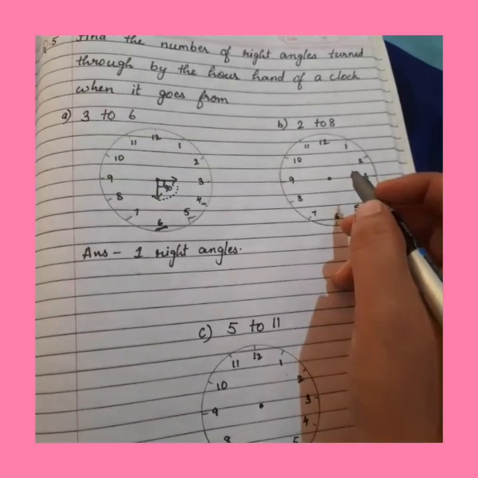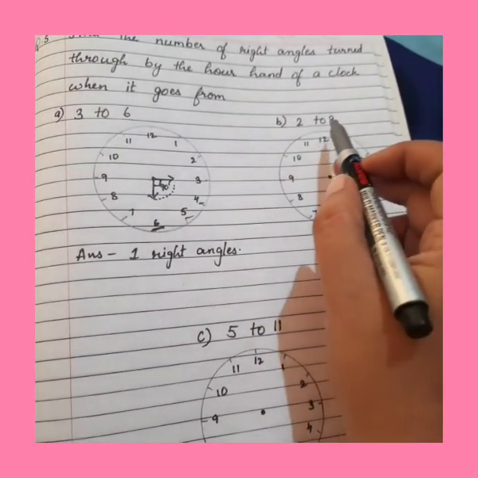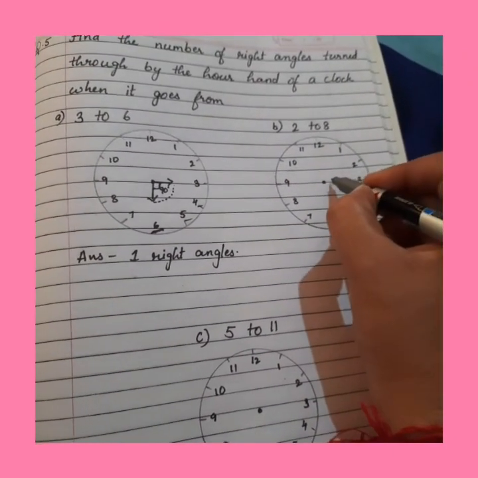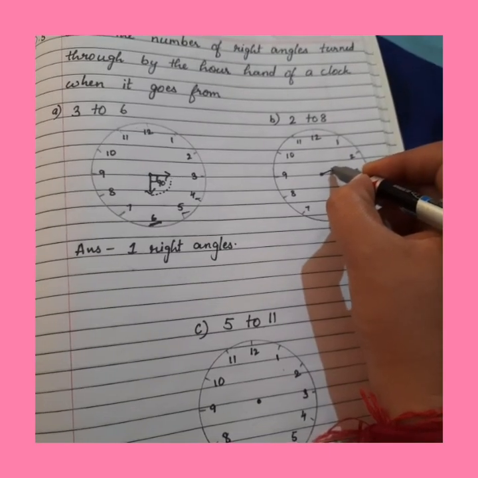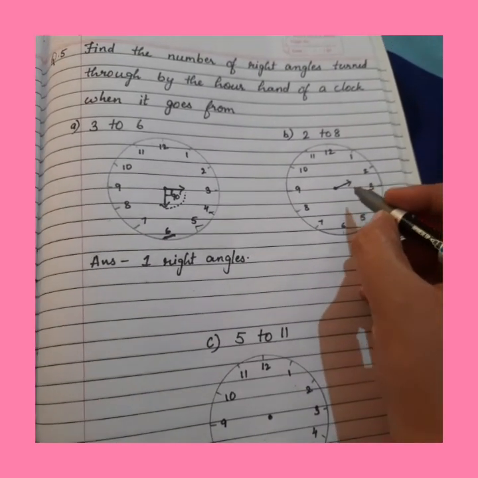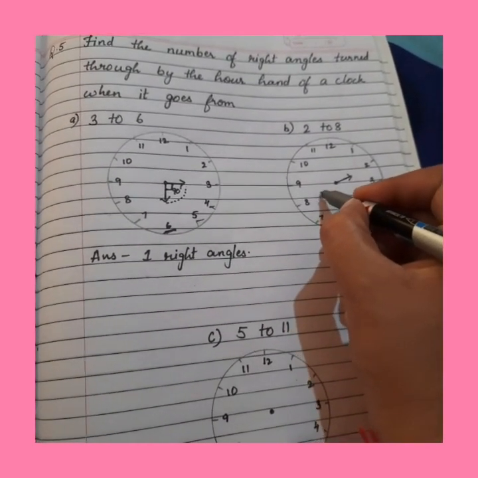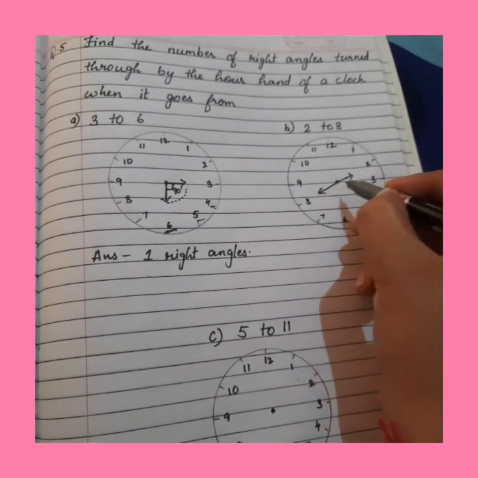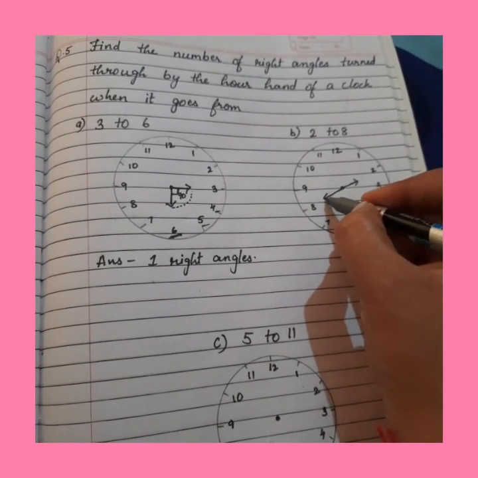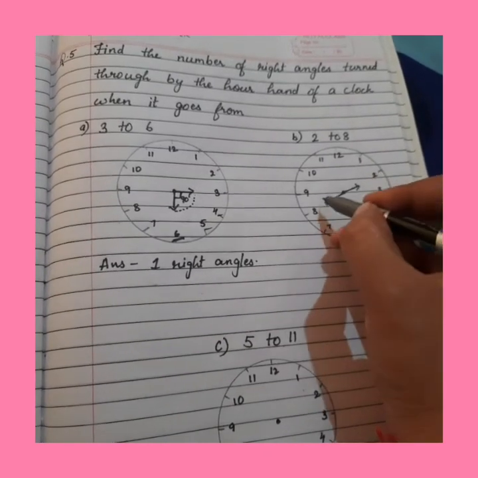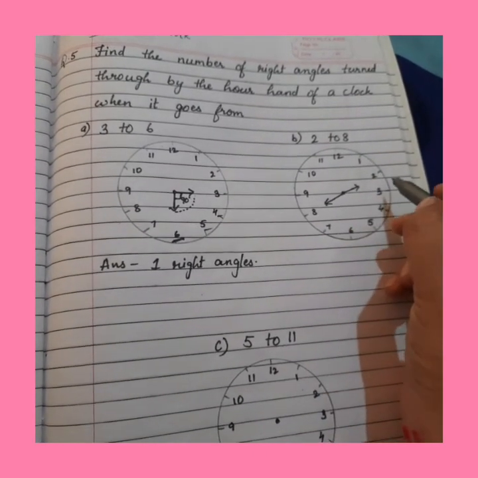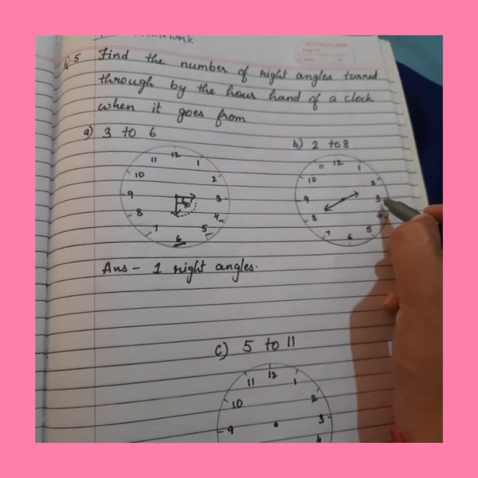Then question number 2, that is 2 to 8. First point the arrow on 2 and it is reaching 8. What you can see here is that it is reaching exactly the opposite side. From 2 it is reaching 8. And how many right angles will it make?